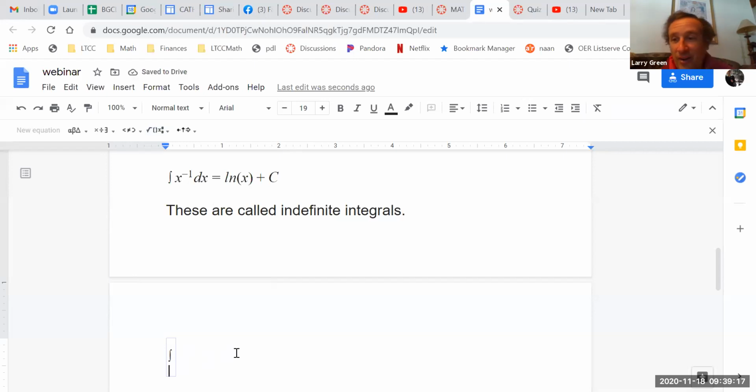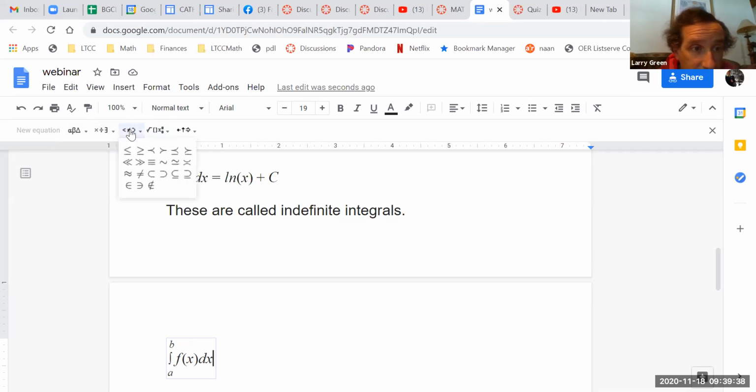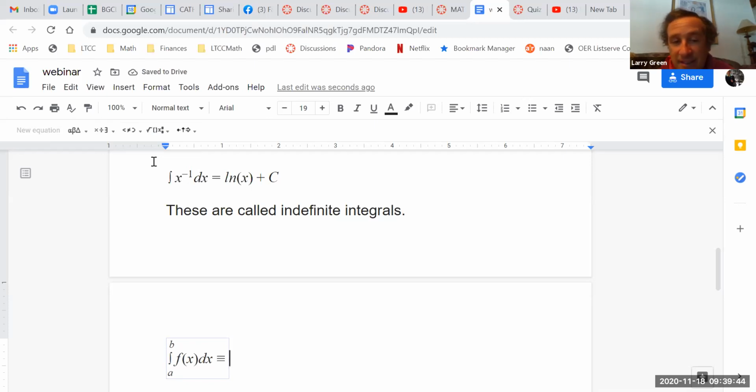It wants me to put numbers here, a and b. So let's put in a and b. So the integral from a to b of f of x dx is, by definition, and when I do definitions I use a triple equal sign to stress the fact that this is the definition, F of b minus F of a, where I'm using the same notation as in the other definitions.